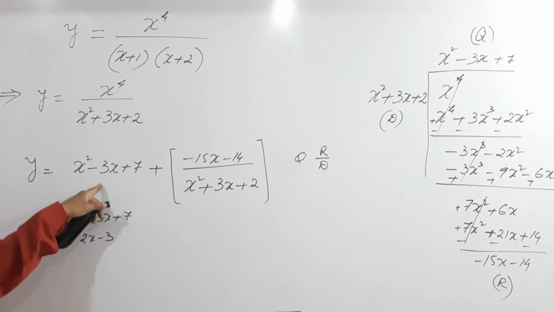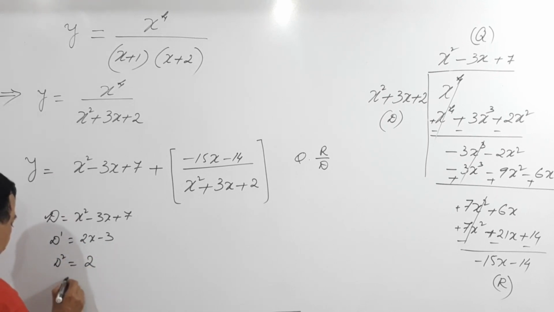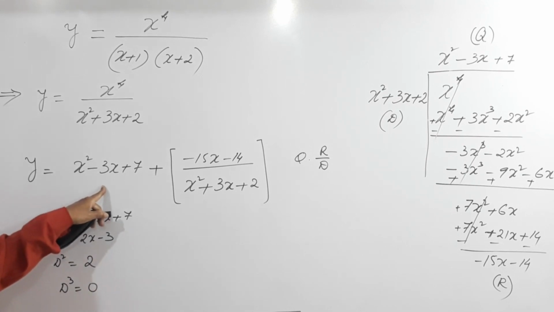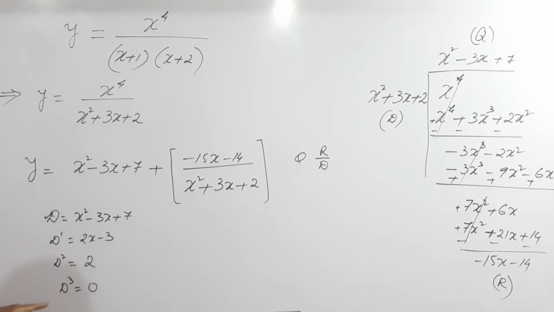So once you differentiate, you get 2x minus 3. Again I will differentiate. You will get only 2. This x will go, the differentiation of a constant is 0, we will get 2. If you differentiate again, d3 will be 0. So therefore, differentiation of this will be 0. Okay, I wanted to prove that. That's the reason I have shown you this.